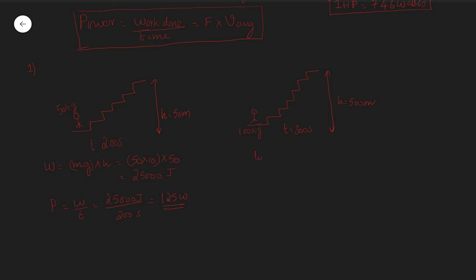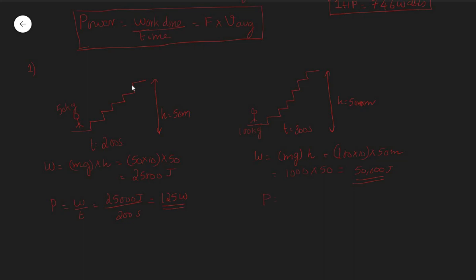So in this case your work done is mg into h, that's equal to 100 into 10 into, oh sorry, this is not 500 meters, this is 50 meters, and that's equal to 1000 into 50, that's 50,000 joules.